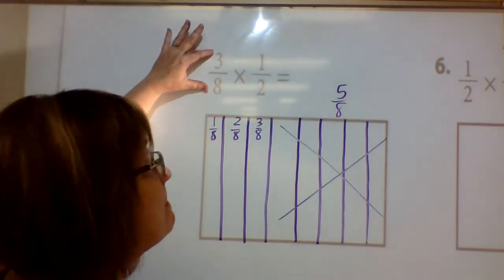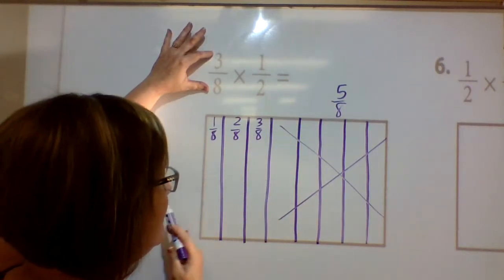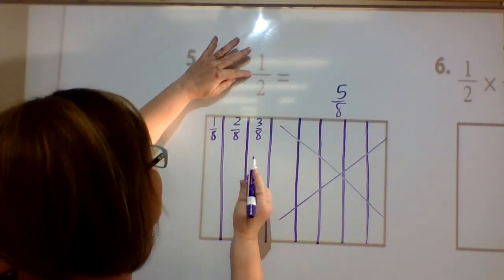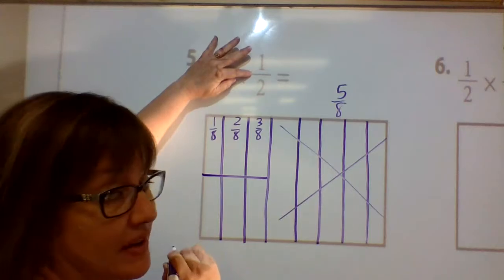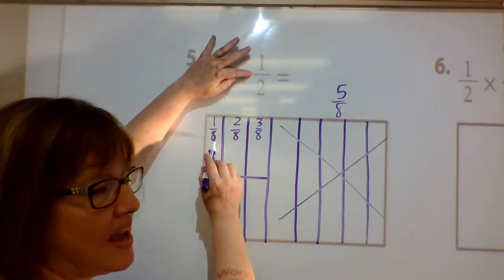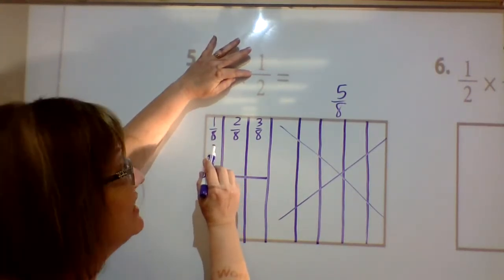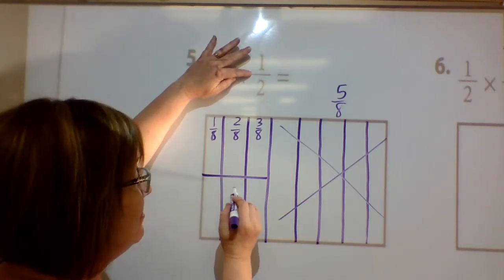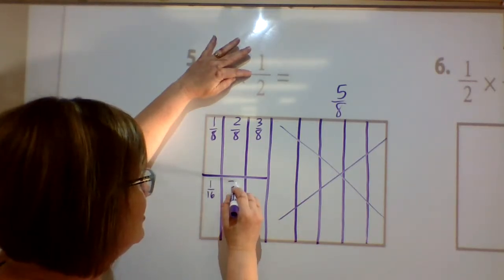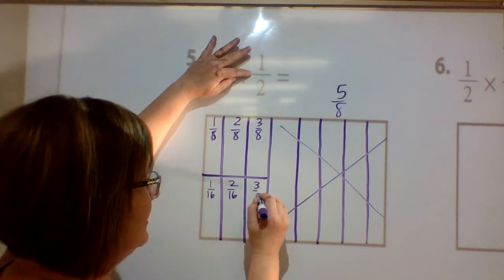Do you see that? So these 3/8, what's half of those? We take those and we cut them in half. And when we cut them in half, they became 16ths. And half of those would be 1/16, 2/16, 3/16.